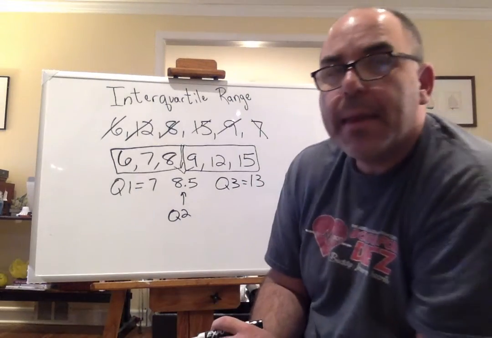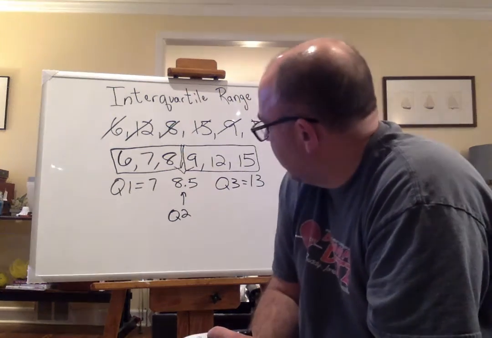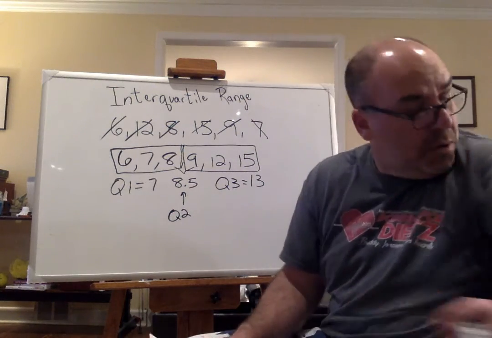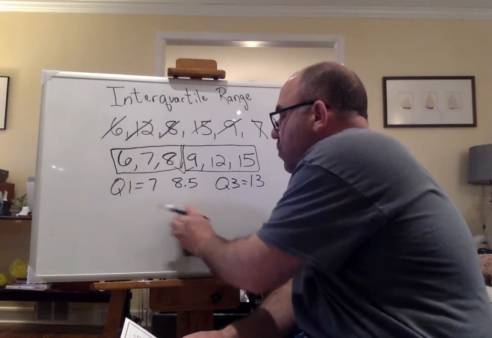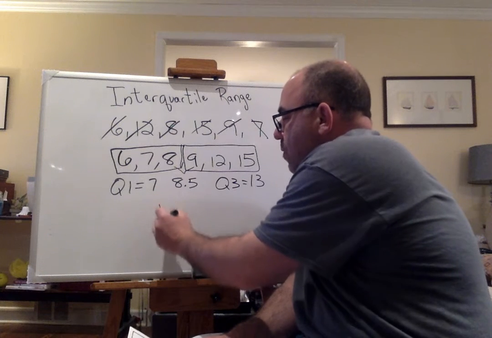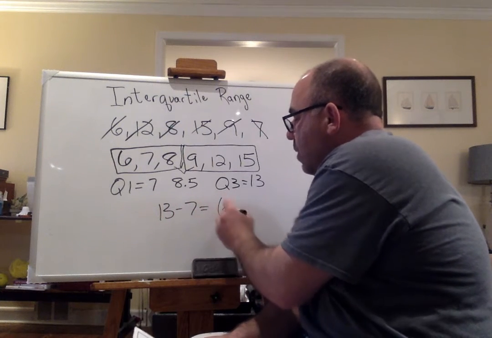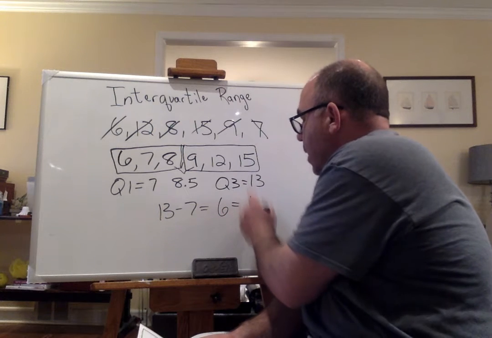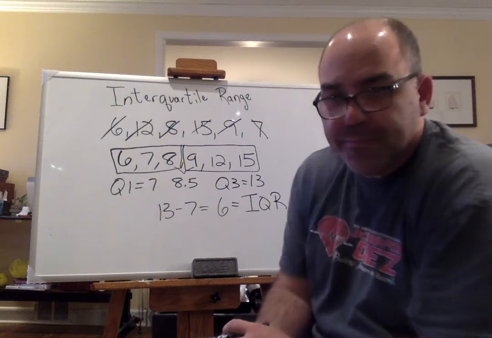Now, what we want to do is find the difference, the range, which again is what we've already done. Find the difference between these two numbers. The difference between 13 and 7, so 13 minus 7 is 6. And that is my interquartile range.